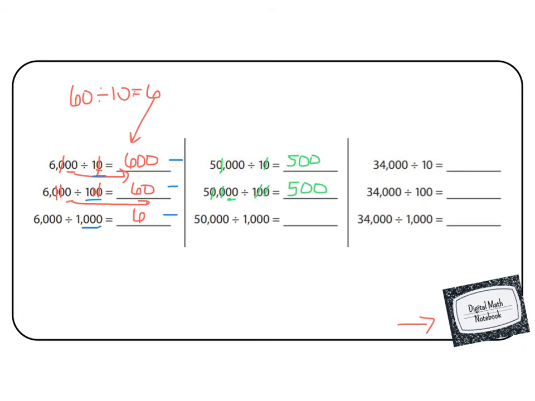And this is the same because notice that the first time I had 1, 2, 3, 4 zeros on this side and 1 zero on this side. But the second time I had 4 zeros on this side and 2 zeros on this side.